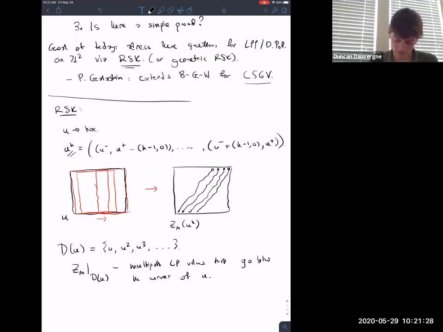I should say that if I choose K too large, then Zm of U^K is not defined. So in the definition of D of U, we truncate this at the last value of K for which we can actually define this last passage value, because if it's too large, then there no longer exist disjoint paths.